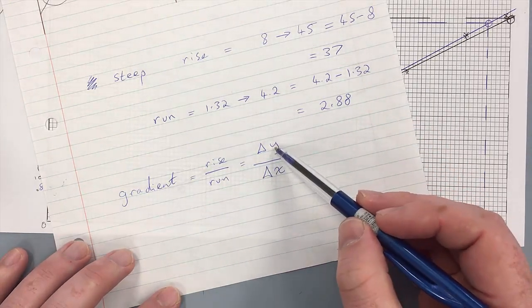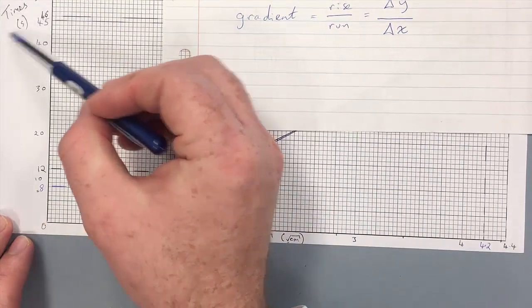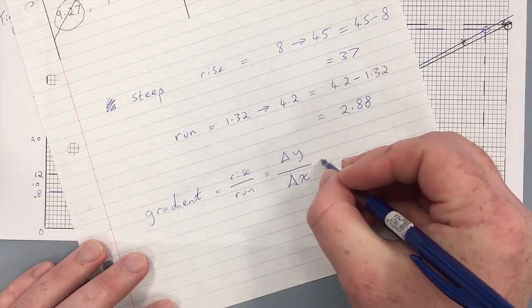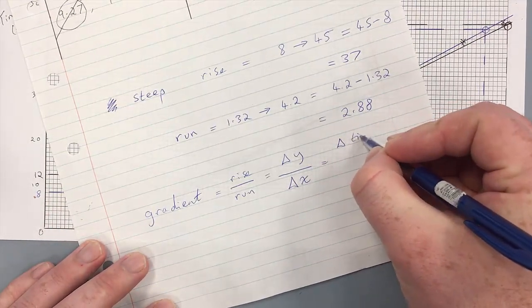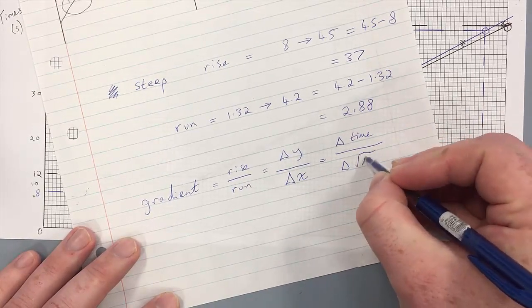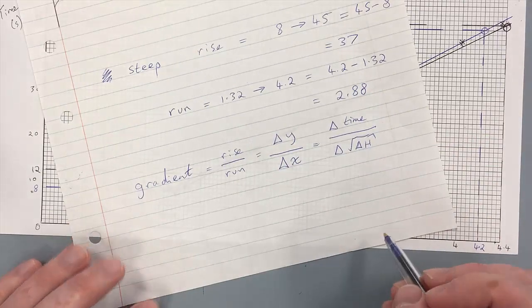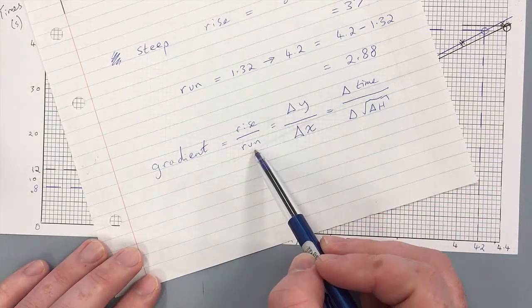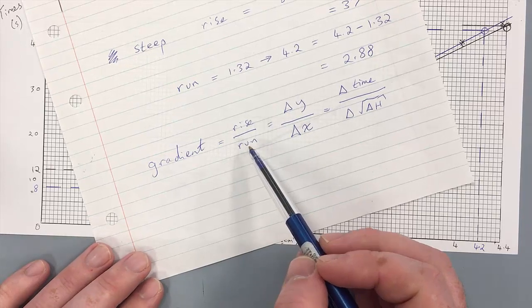I don't really like referring to y and x because there's a risk that you might then refer to y instead of time. So that's really our change in time divided by our change in the square root of the change in height. Look, that's not really important. What's important is the rise and the run, and if you guys can remember that, then you're all good.